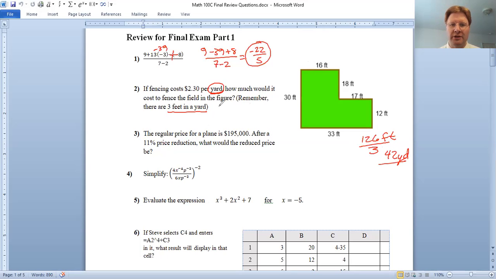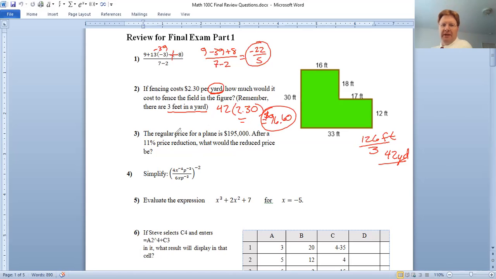And if we take 42 yards times $2.30, what does that pop up with? Grab the calculator, and we get 42 times $2.30 is 96.60, I believe. If I do any of these and you see a mistake, go ahead and let me know, send me an email, and I'll try to fix it as quick as possible.